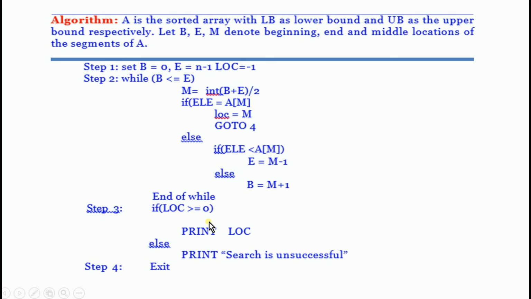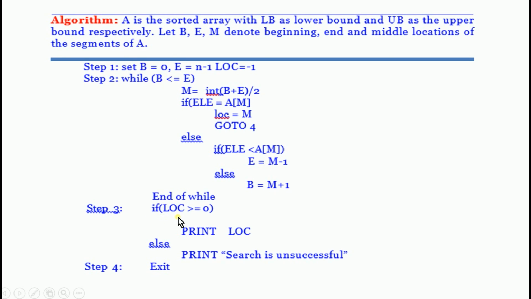Greater than A of M, the beginning point is increased instead of E. So, if it is in the left part, E is reduced, and if it is in the right part, B is increased. Then the end of the looping process.